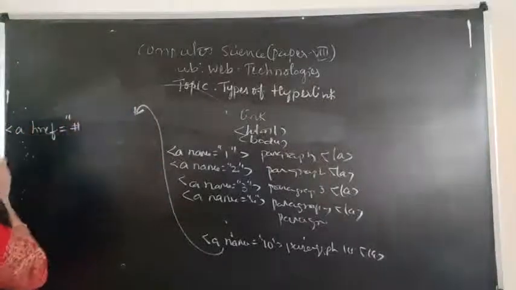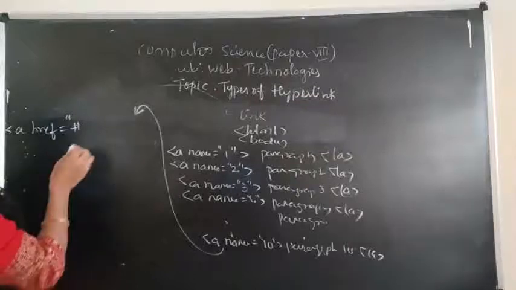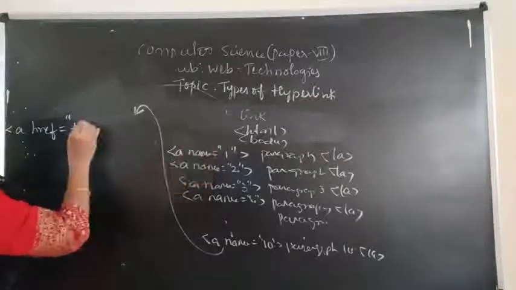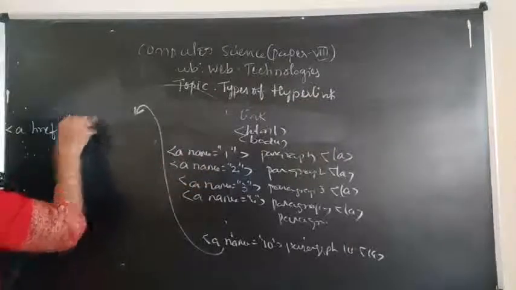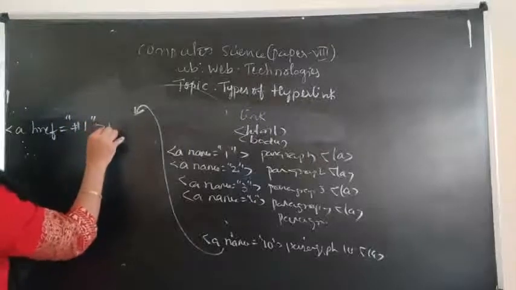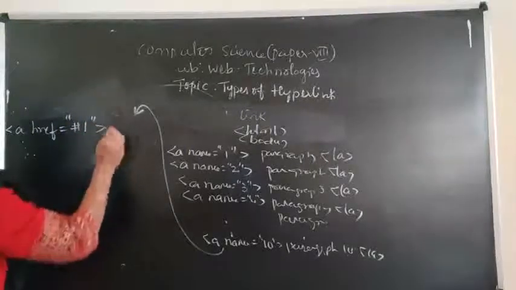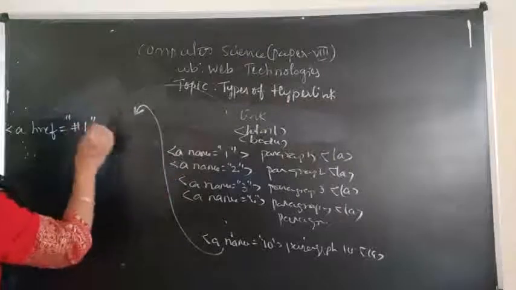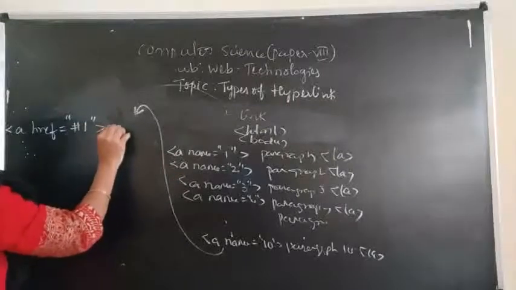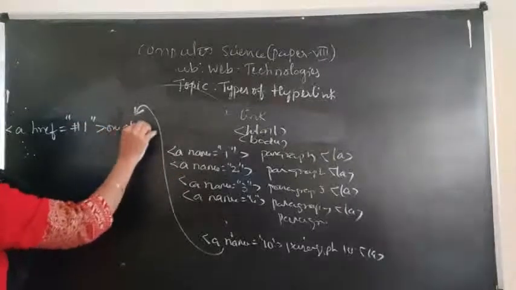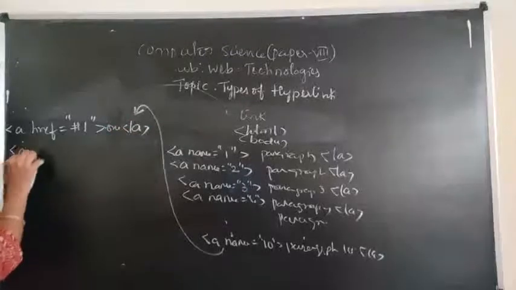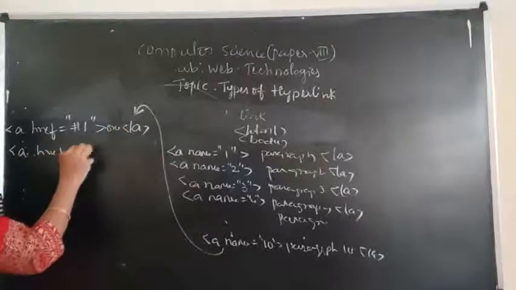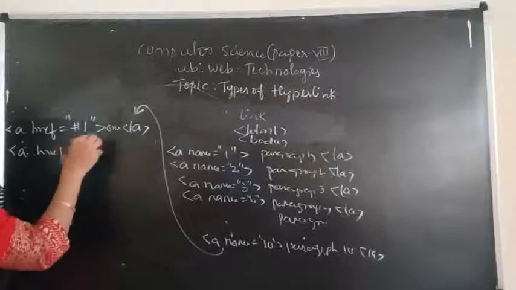Now what is the name of the section actually? 1. Close this first. I am giving 1, and I am closing this. Next, a href equals to hash 2.